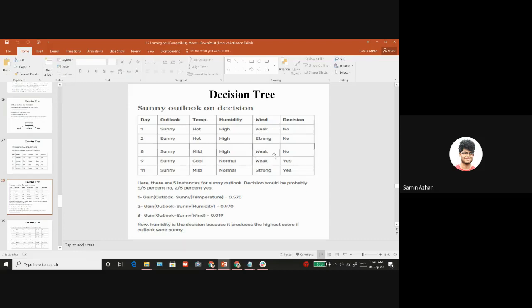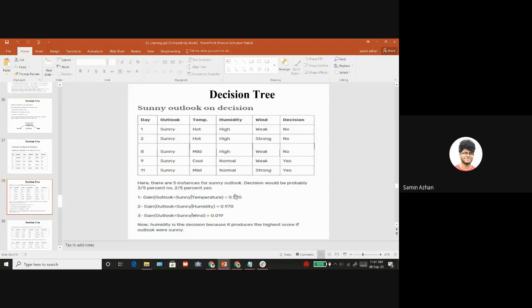Since I showed you the entire process, I'm hoping you will be able to do this by yourself. And there are also examples in the slides. So I would suggest you try this on your own. The values are given in the slide, and you can match the values to determine if you did it right or wrong. So if you're done calculating the information gain of outlook equals sunny with temperature, humidity and wind, hopefully you'll get these values.